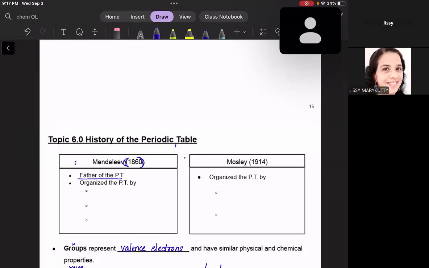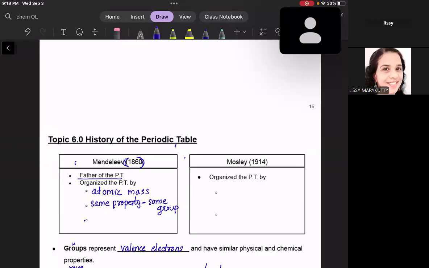He arranged all the elements in the increasing order of atomic mass. And he found that all the elements with the same property come in the same column. We would say that is a group.